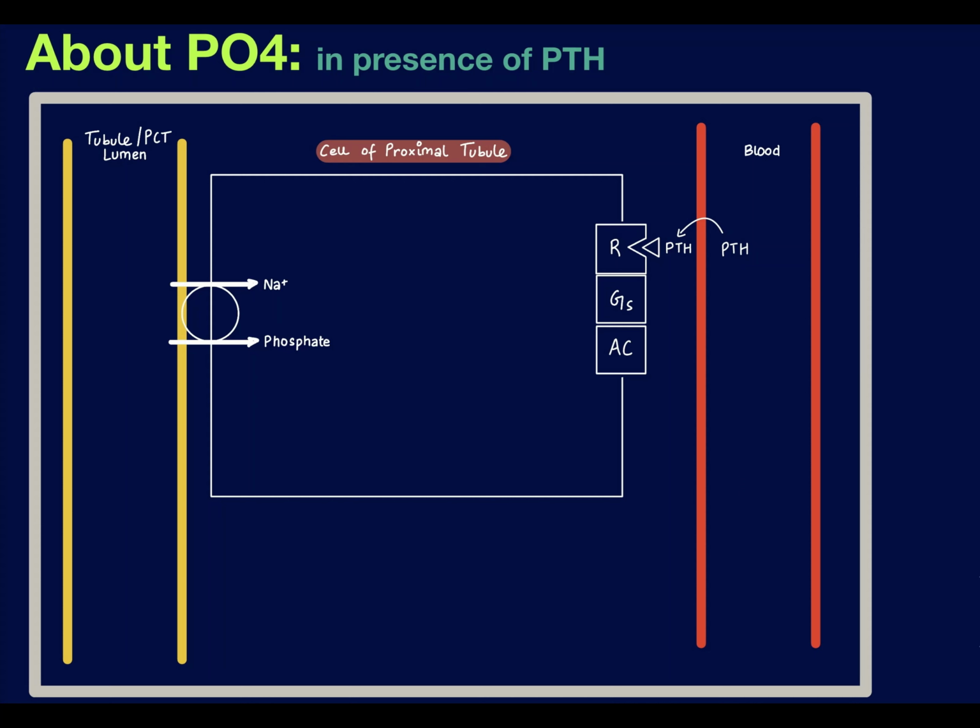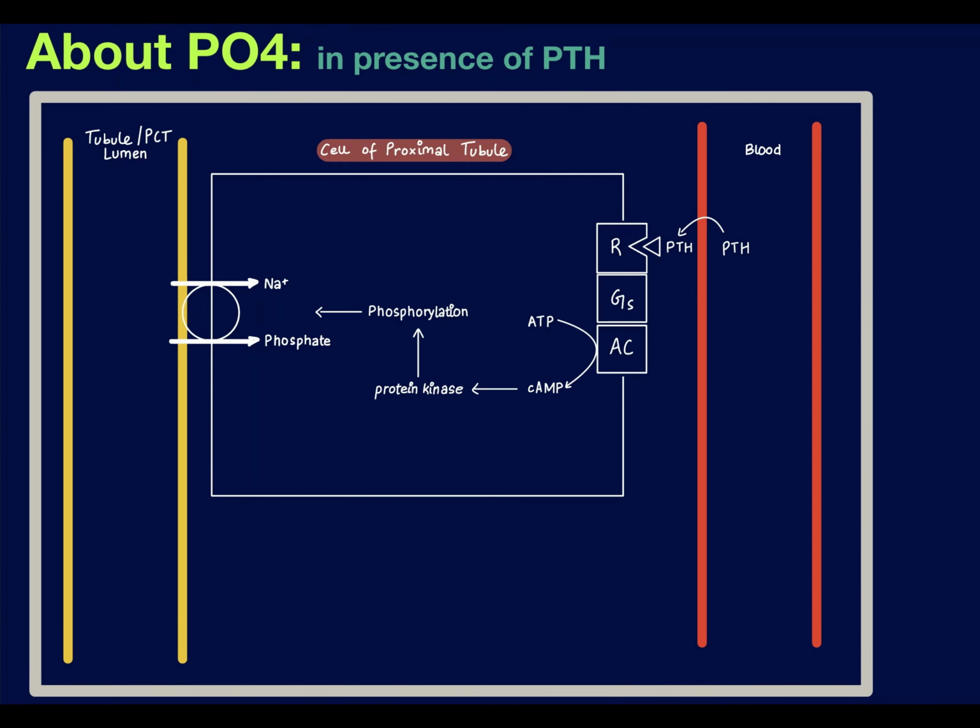Parathyroid hormone comes via the blood and attaches to the parathyroid receptor denoted by R here on the proximal tubular cell.